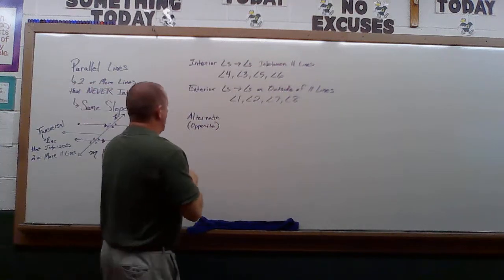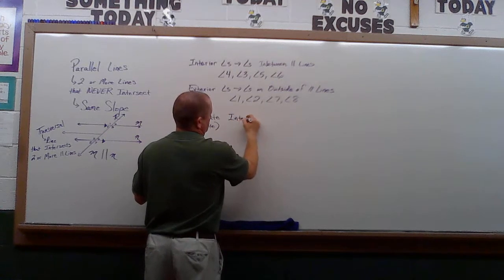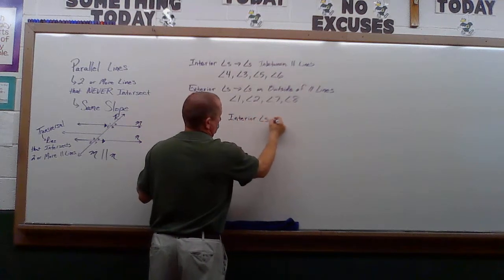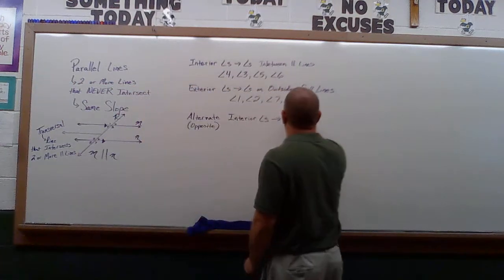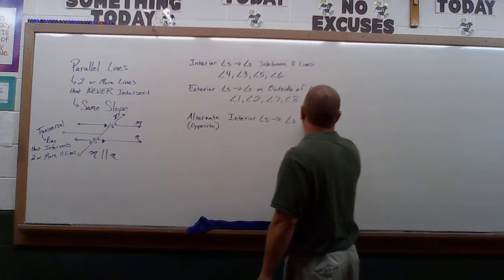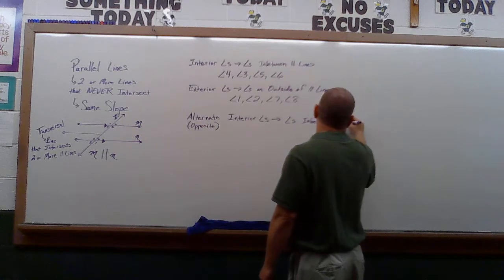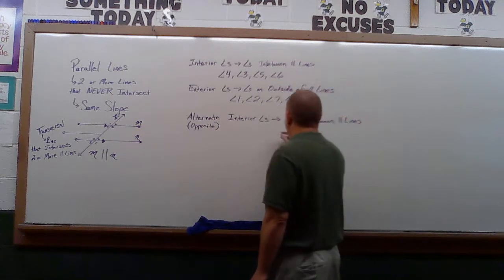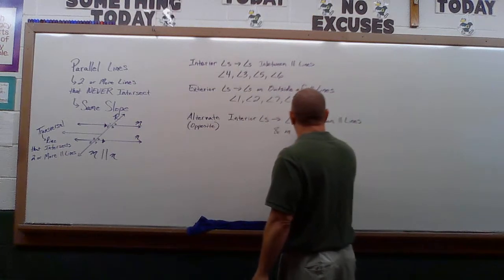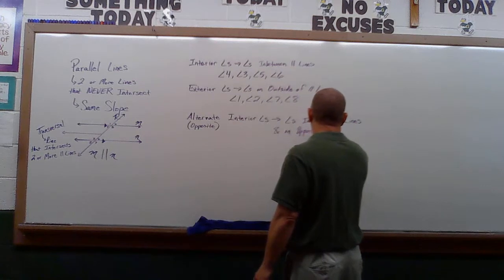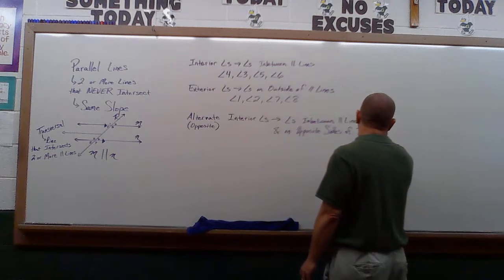Okay? So, alternate interior angles is the first thing. When we talk about alternate interior angles, they're the angles in between, again, the parallel lines, and on opposite sides of the transversal.